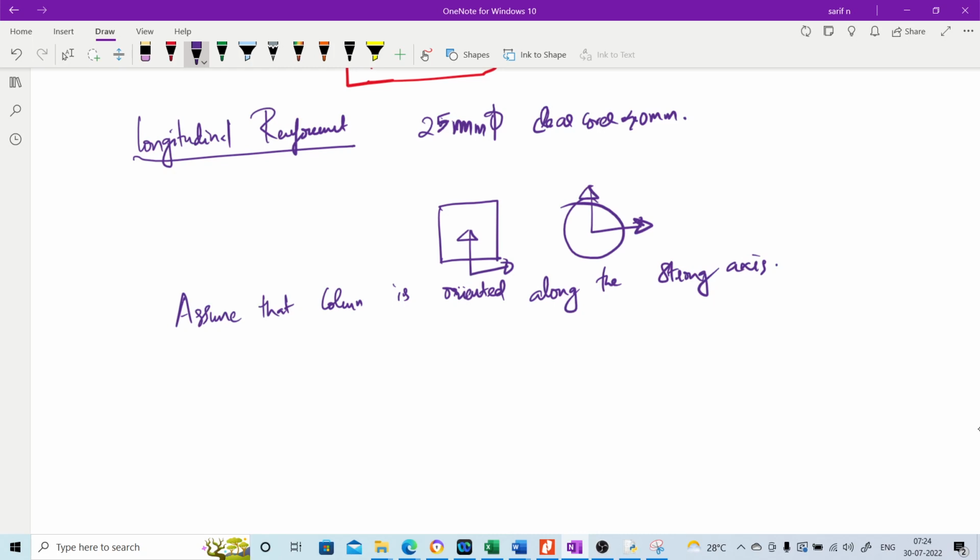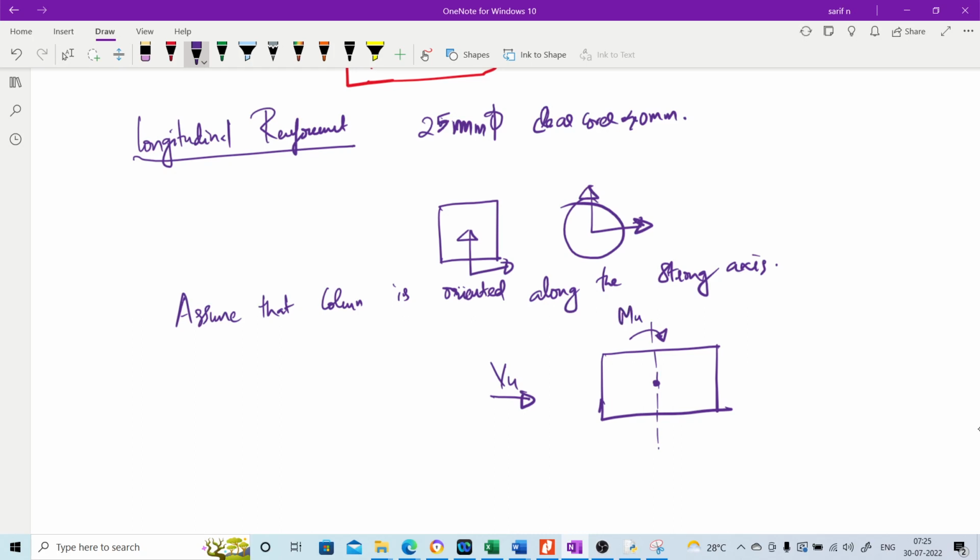That means the column will be oriented in this fashion. If the earthquake is acting in this direction, the bending moment will be acting like this, and the larger dimension will be resisting the bending moment. This will be the direction of the earthquake force. Shear force will be acting in this direction, axial load will be acting vertically downward, and this will be the direction of the MU.